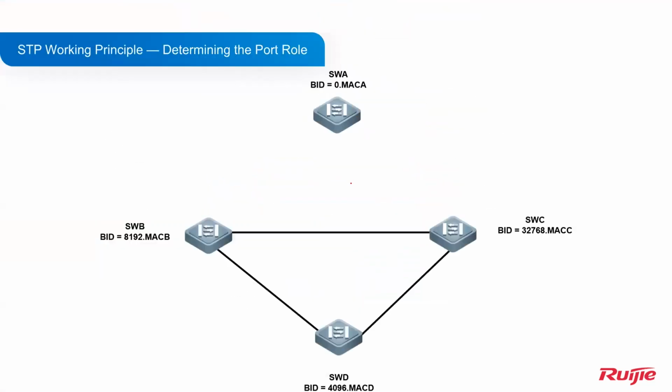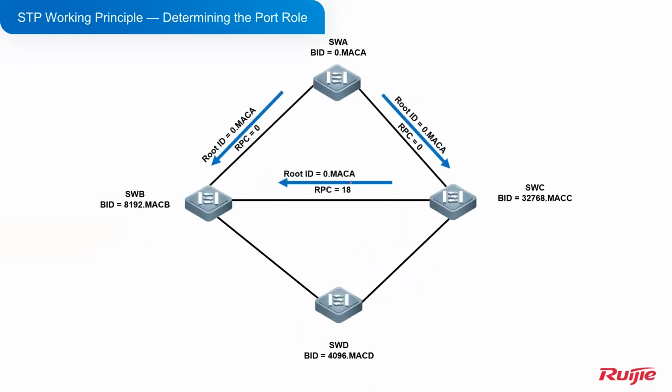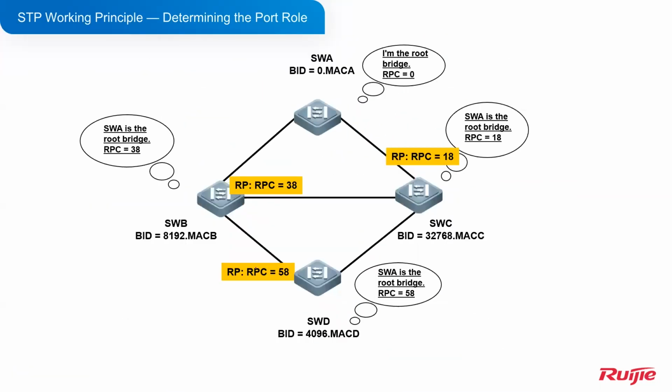You can see here they exchange the BPDU, and after receiving this BPDU from the SWB, SWD knows that okay, the RPC of the port on the left is smaller, which is 58.